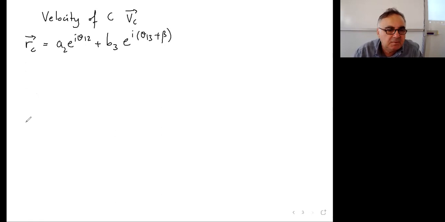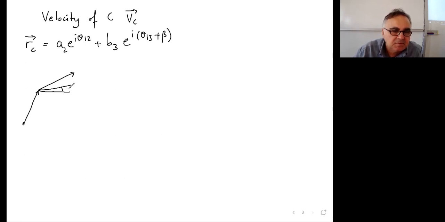So you have this vector A0A. Then you have this vector, and this is theta 1, 3. This is theta. This distance is A2. This distance is B3. And this is point C.